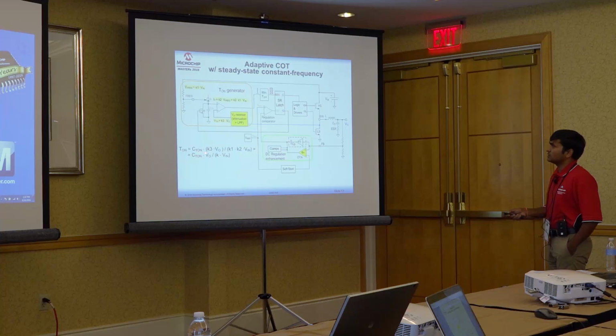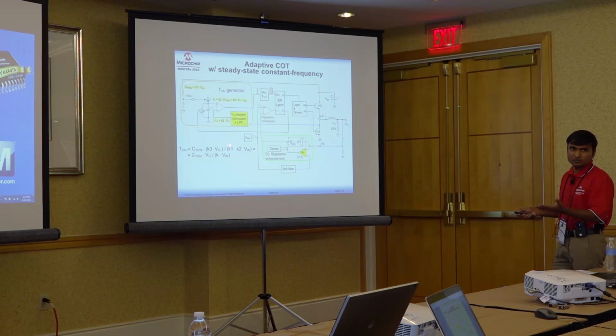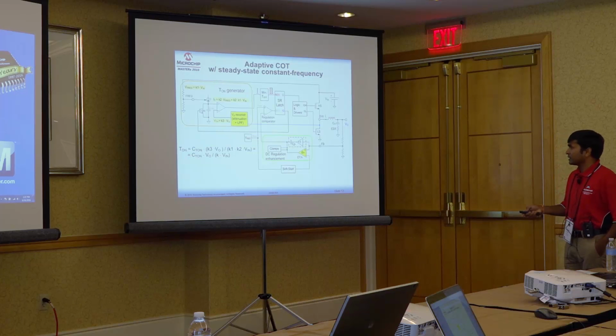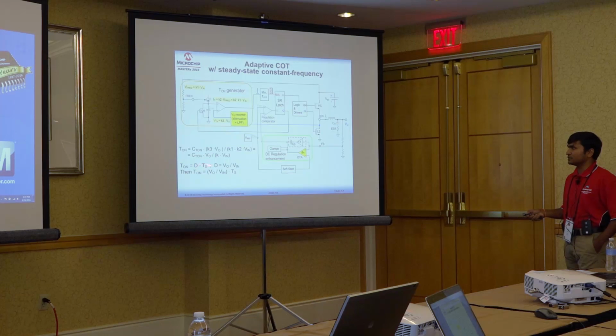So if you look at this equation, T on is nothing but C T on V naught by K V in. This came from C dV by dt equal to I. I derived this equation from that, and we also know that T on is nothing but duty cycle multiplied by the switching period, where duty cycle equals V naught divided by V in.